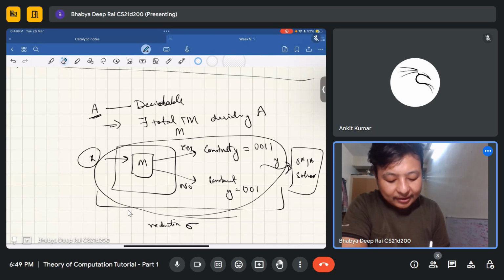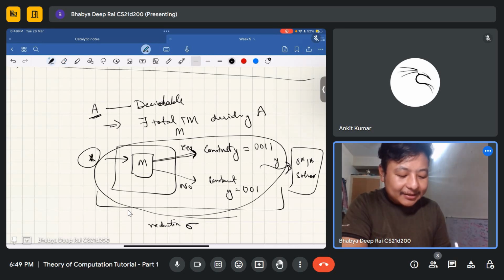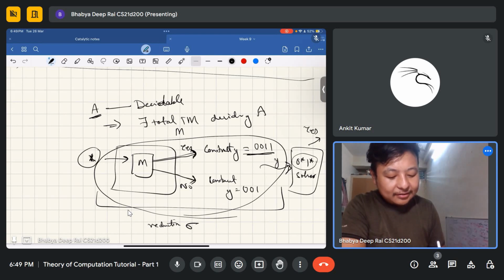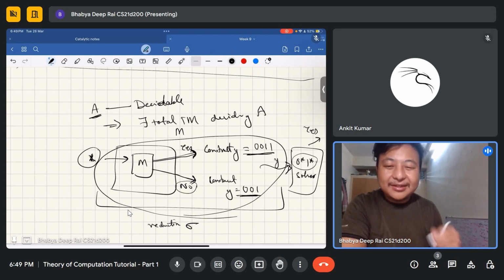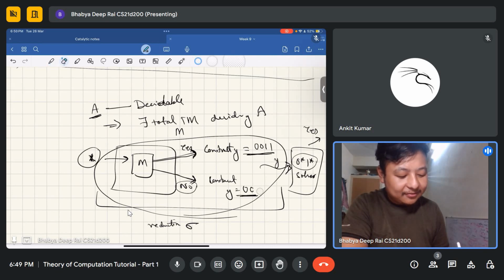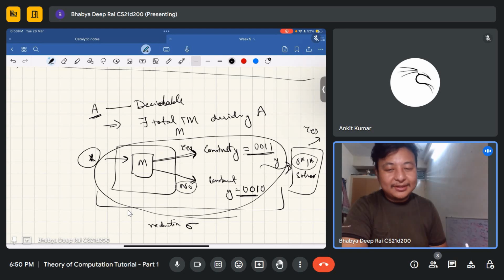Now if X belongs to A, M will always say yes, and it will construct a string which is in 0 star 1 star, and this solver will say yes. And if it is not in A, then M will always say no. Then we'll construct 0, 0, 0, 0, 0, 1, 0, which is not in 0 star 1 star, and therefore it will say no.